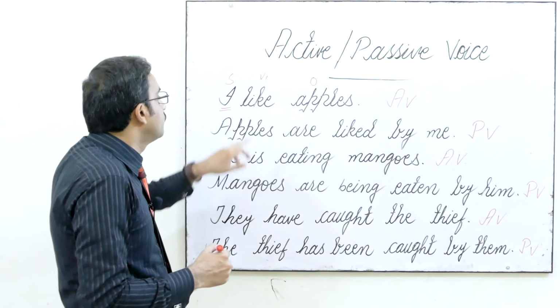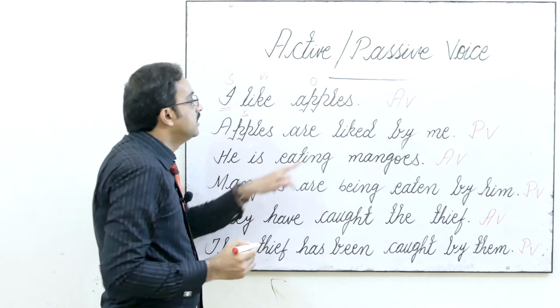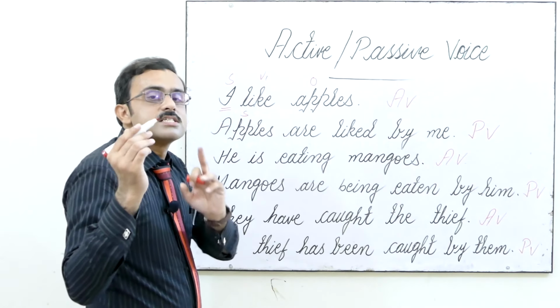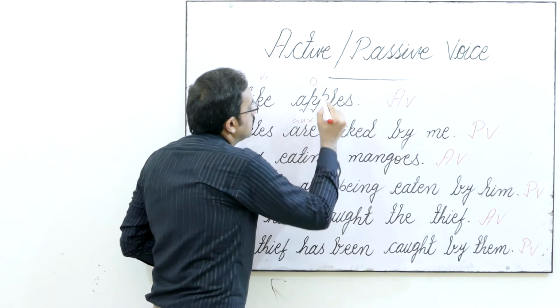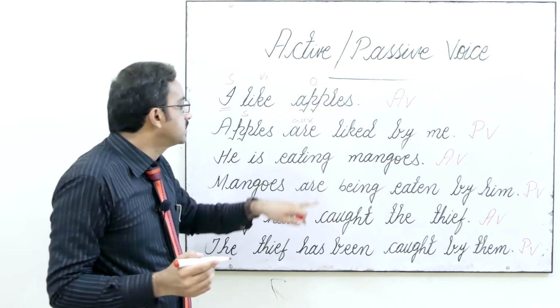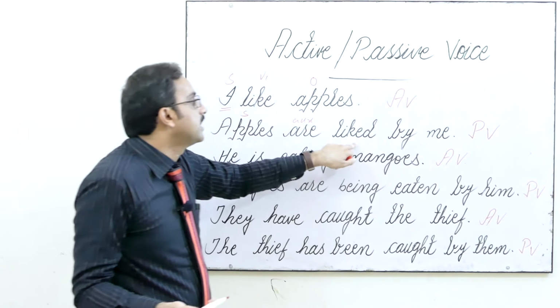What I did, first of all, I took object as a subject, then I used auxiliary are with your subject because the subject was in plural form. So we used are. Then I did what?